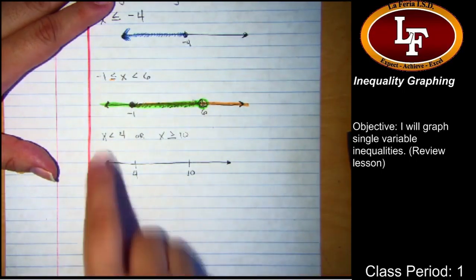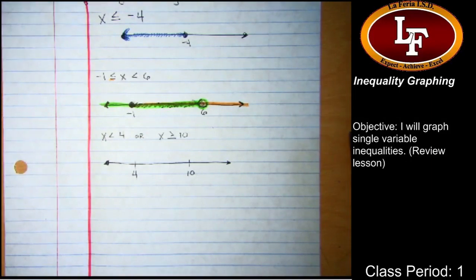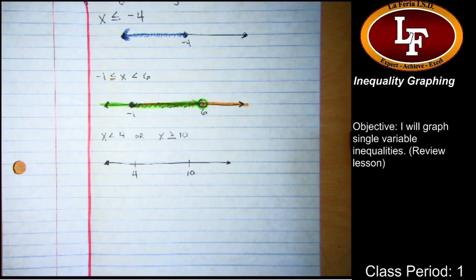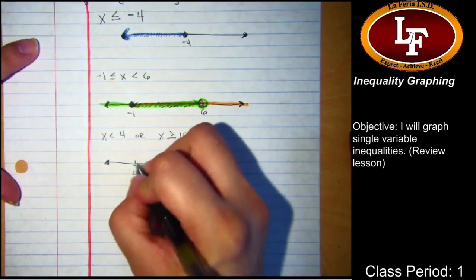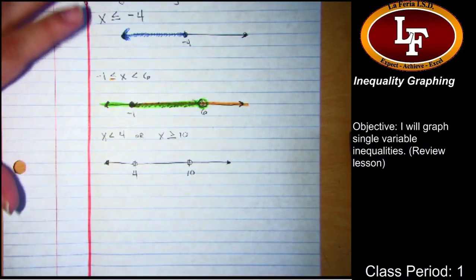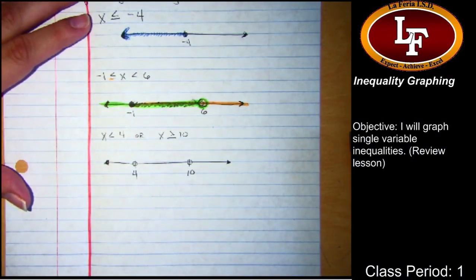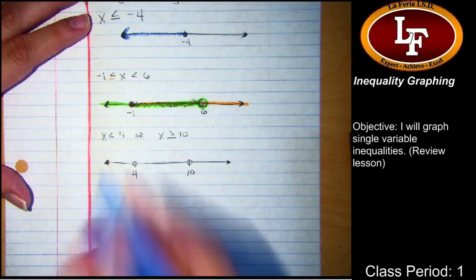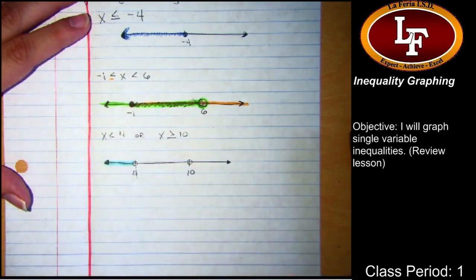And again, going to look at the left side first. Left side says x is strictly less than 4. So am I going to color in? No. And where am I going to shade? To the left of the 4 or to the right of the 4? To the left because it's less. And it's all of that stuff.